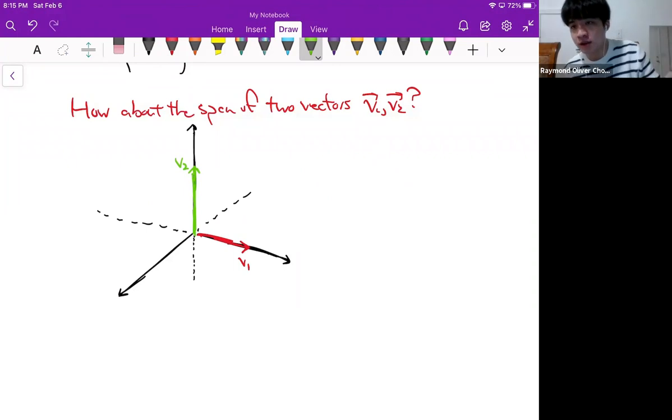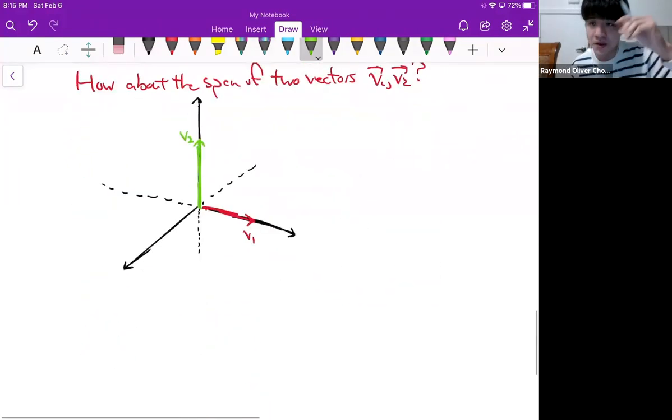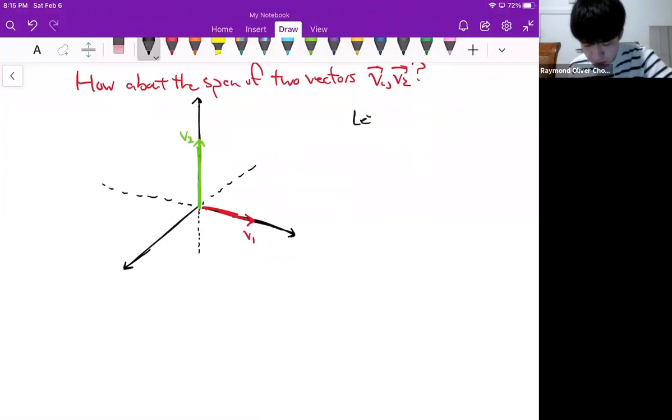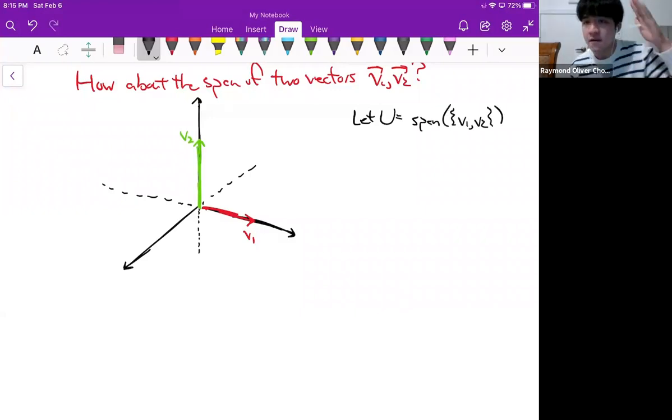Okay, based on the last example, well, if v1's in there, so let U equal span v1, v2. If v1 is in there, then so is that whole line that points in the v1 direction, right? So all this gets filled in, and so on in both directions, right?